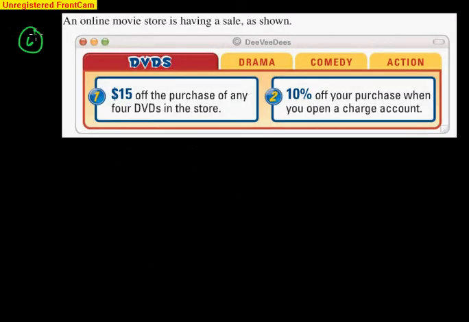Okay, so our next problem is that word problem involving composition of functions. So you're buying DVDs on an online movie store. You get $15 off the purchase of any 4 DVDs, and you get 10% off your purchase if you open a charge card. And first of all, I want to build the functions.